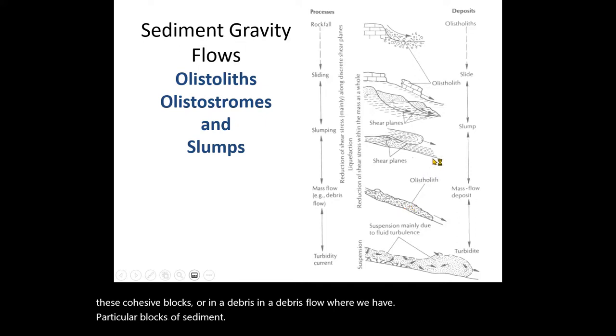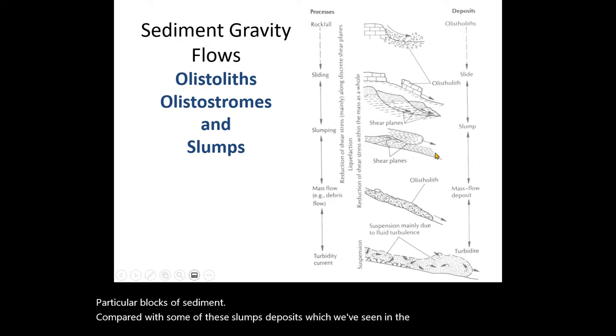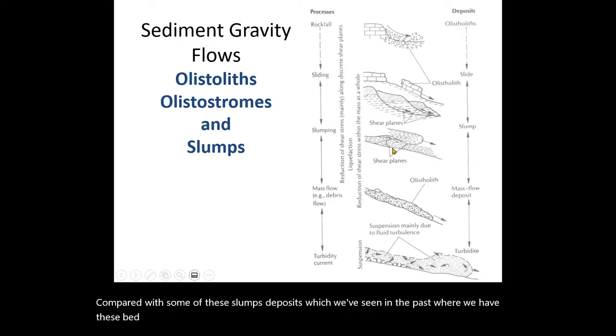Compared with some of these slump deposits, which we've seen in the past, where we have these bedded or laminated sediments that are folding on top of one another, seen here.